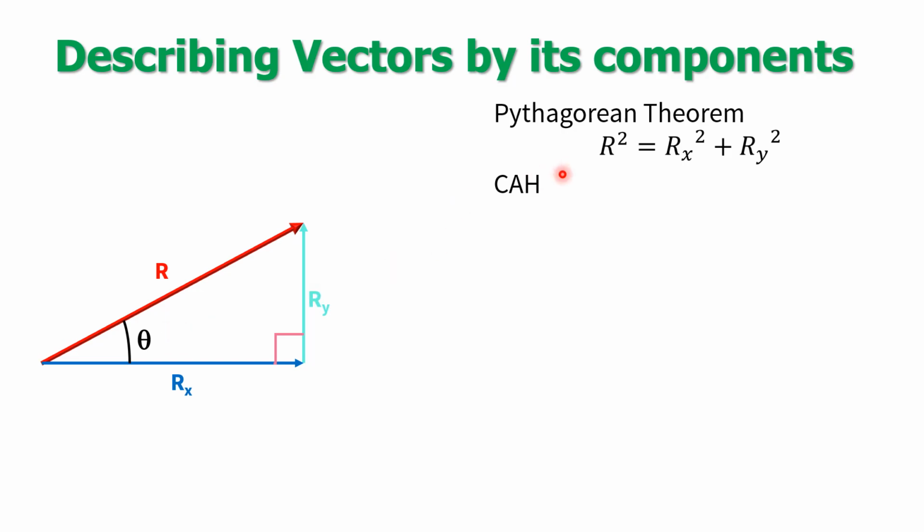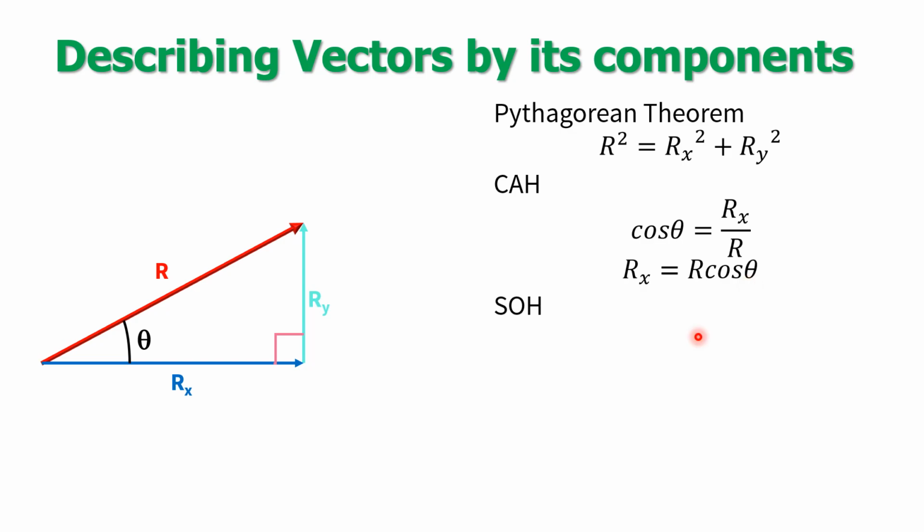This means that cosine theta is equal to the side adjacent over the hypotenuse. So here we can see that the side adjacent to angle theta is r sub x. So we have cosine theta is equal to r sub x over r. And if we manipulate this equation, we can get r sub x equals r multiplied by cosine theta.